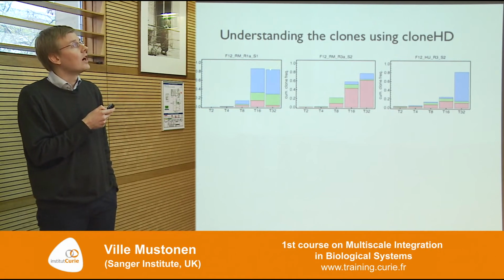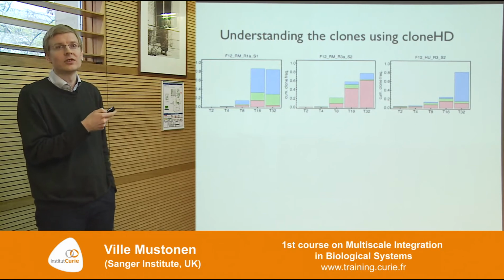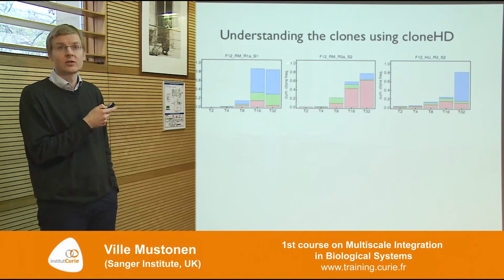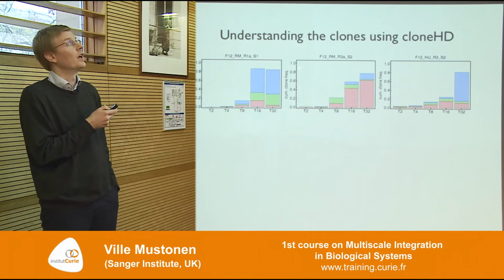At this point, I don't know what the diversity of the remaining bit is, whether this is just that our statistical power is not enough to get small clones, or whether this is still millions of different cells. That's quite an interesting question. I just don't know that yet.